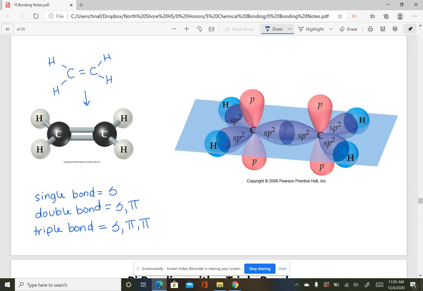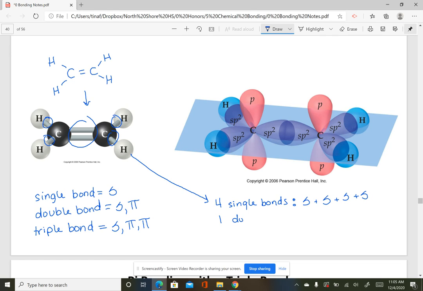So if I were to look at this molecule, I have 4 single bonds in this molecule. Those single bonds are here, here, here, and here. So that means I have 4 sigmas. And then I have this double bond in the middle.